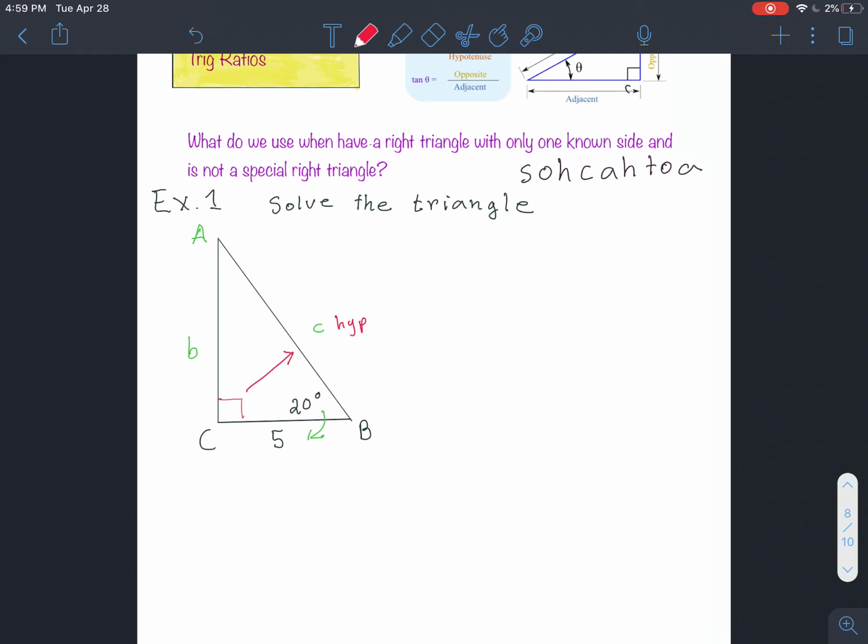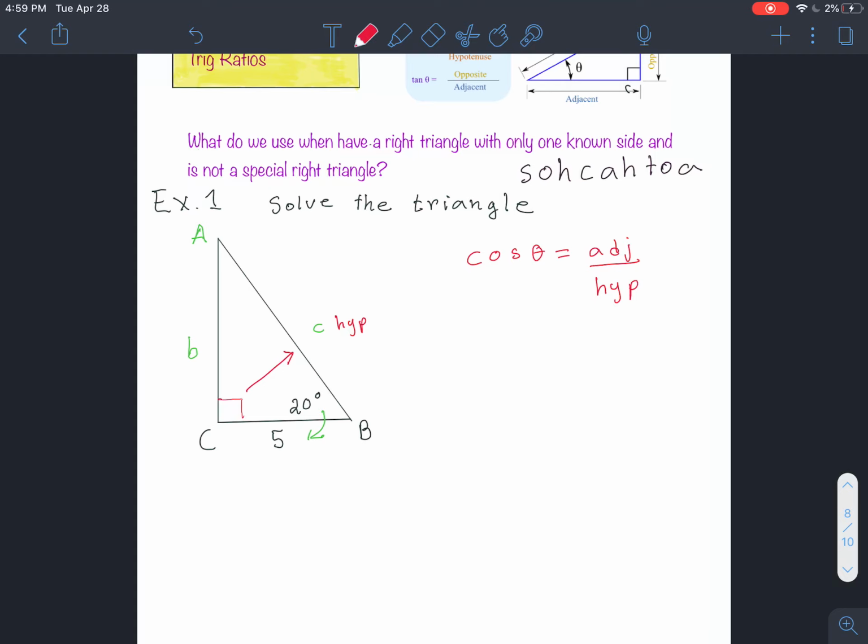So here, how can we relate 20 degrees, 5, and our hypotenuse? Well, that would be cosine, because cosine is adjacent over hypotenuse. And in this case, theta is just our angle.